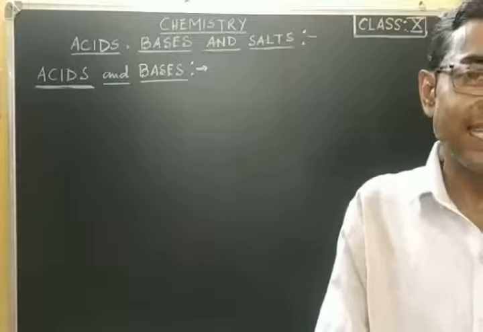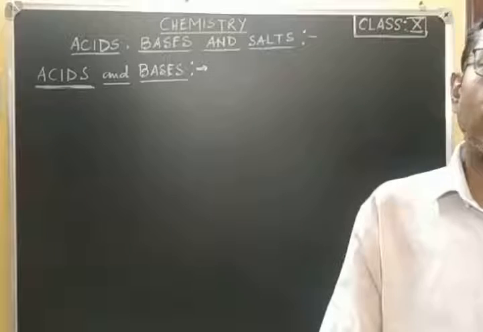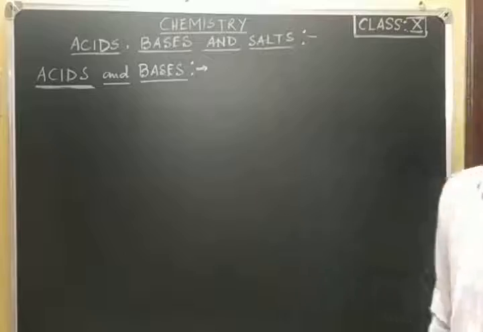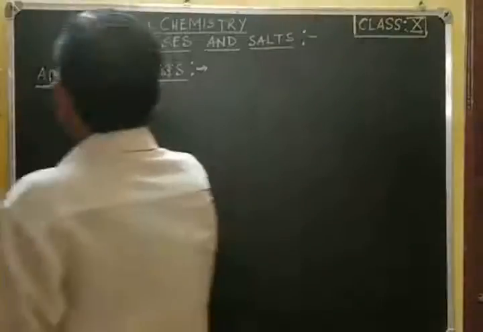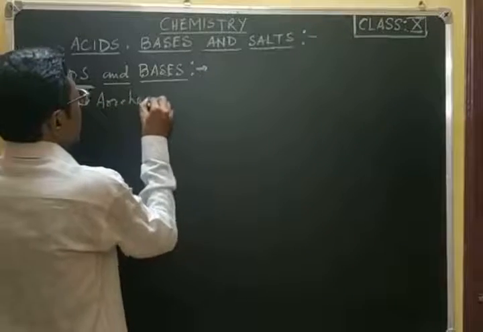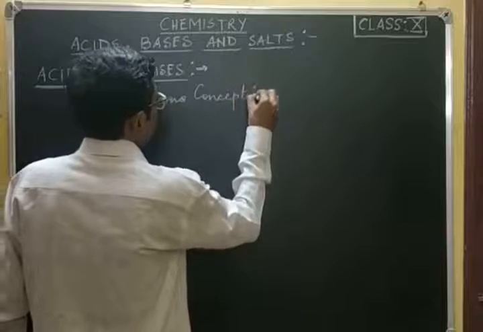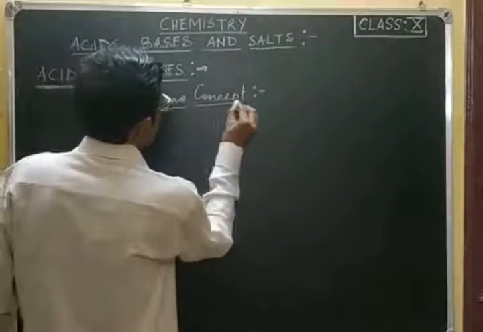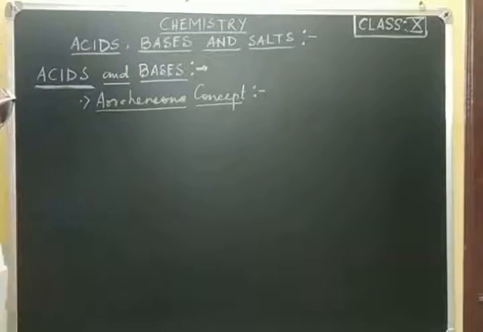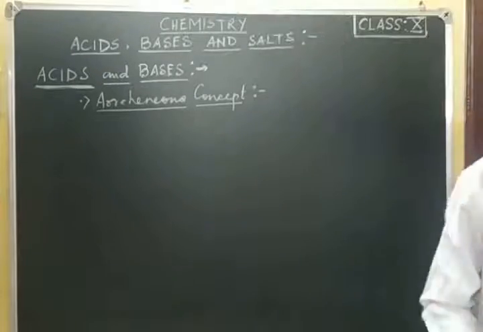So first of all, there are a few concepts of acids and bases. Remember, a few scientists have given different definitions or propositions for acids and bases. Amongst them, a very important first one is the Arrhenius concept. Arrhenius is the scientist's name.